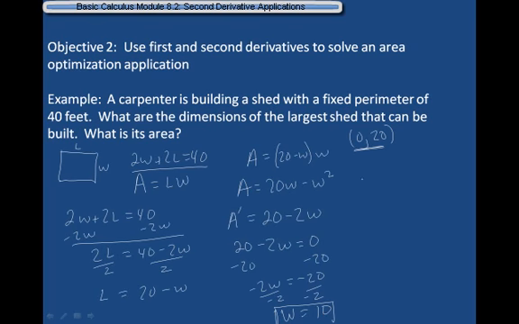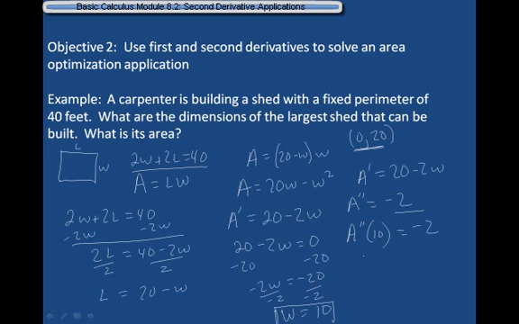So remember that our area prime was equal to 20 minus 2W. So area double prime would be equal to negative 2. So if we take this value and plug it into our area double prime, it's still going to give us negative 2, because there were no W values for us to plug 10 into.